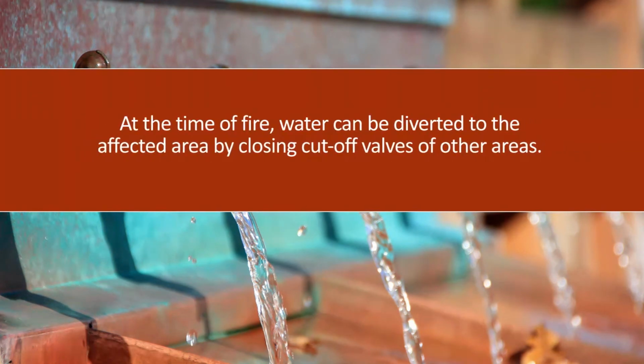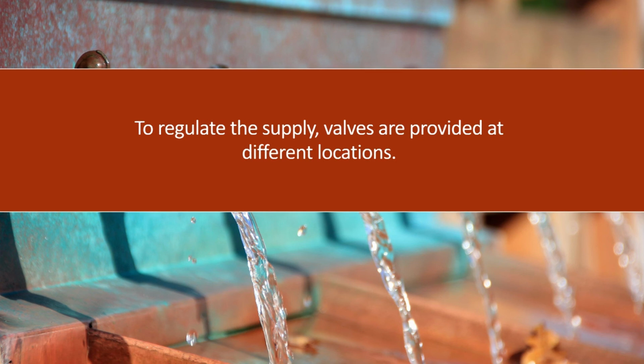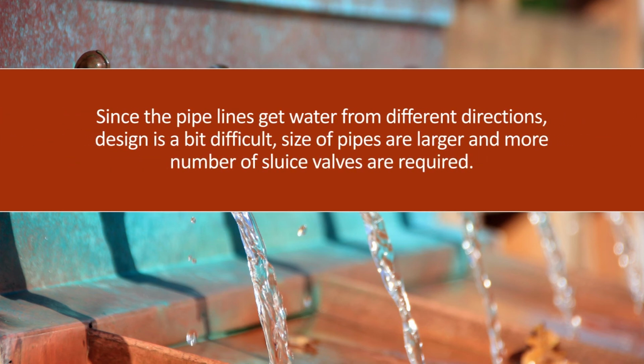At the time of fire, water can be diverted to the affected area by closing cut-off valves of other areas. To regulate the supply, valves are provided at different locations. Since the pipelines get water from different directions, design is a bit difficult.